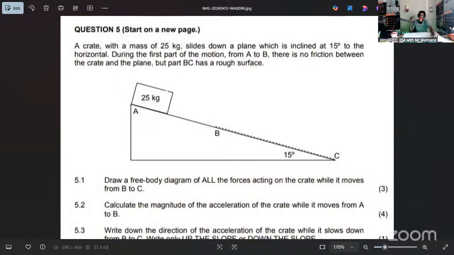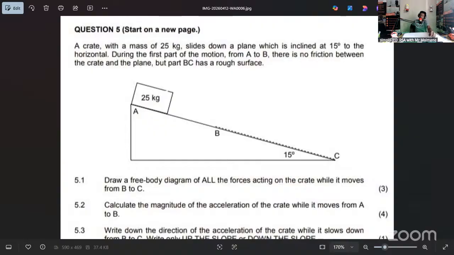Let me just take it from the back. During the first part of the motion, from A to B, there is no friction between the crate and the plane. But part B, C has a rough surface, meaning now there is some friction.